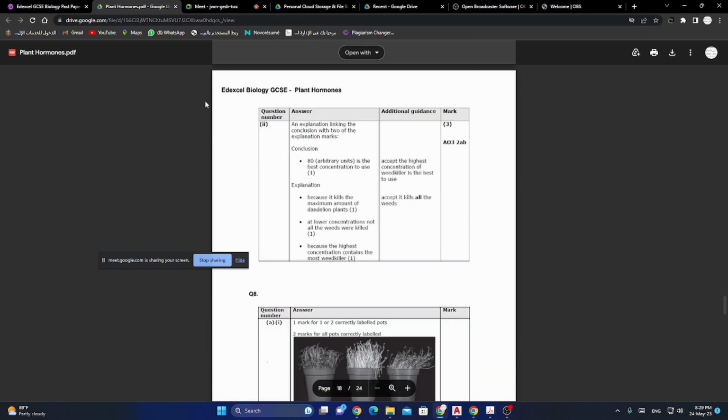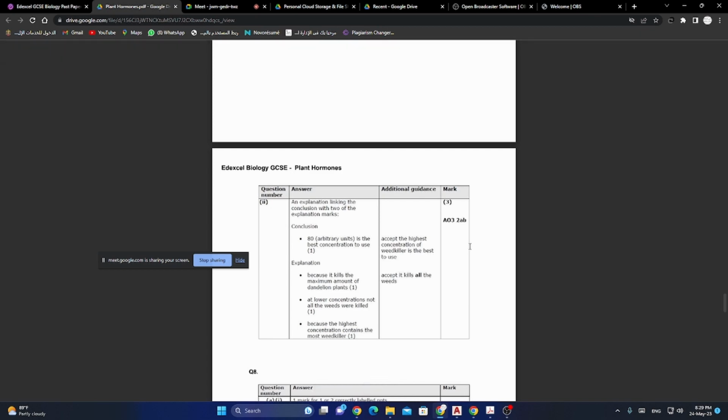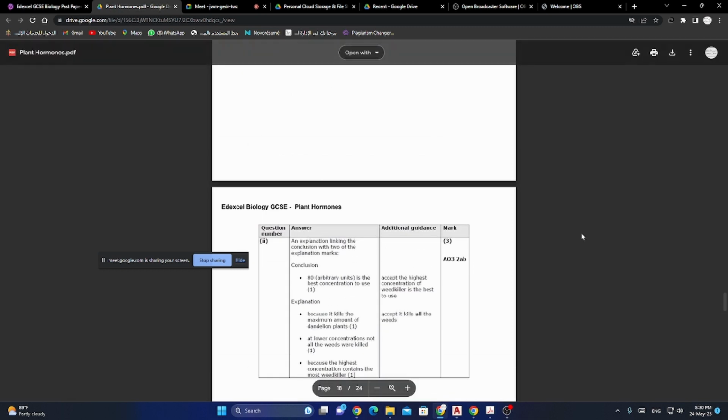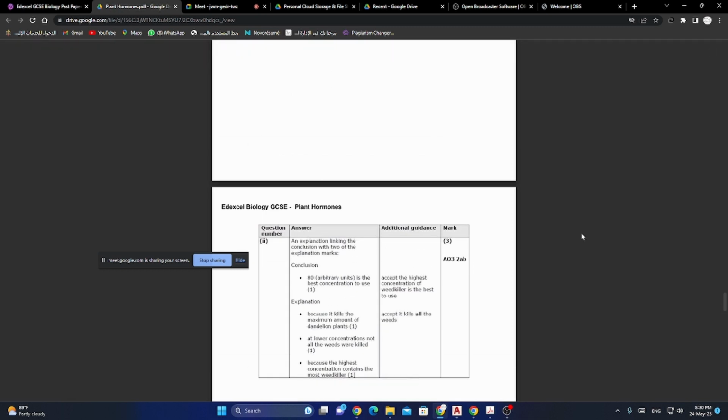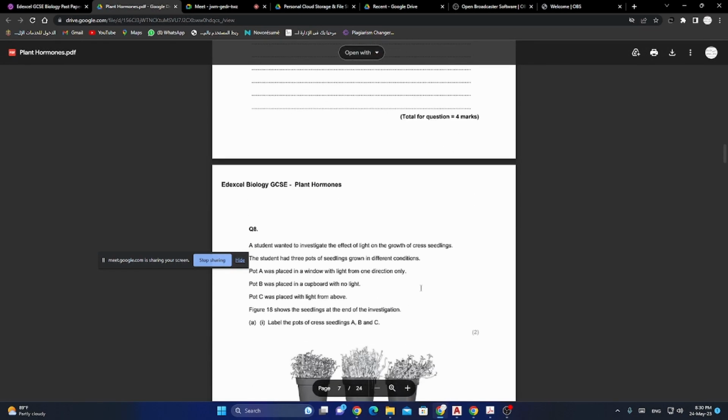80 is the best concentration because it kills the maximum amount. At lower concentrations, all weeds are not killed because of the high concentration. I guess what I said was not correct then. Okay, let's check the question again.